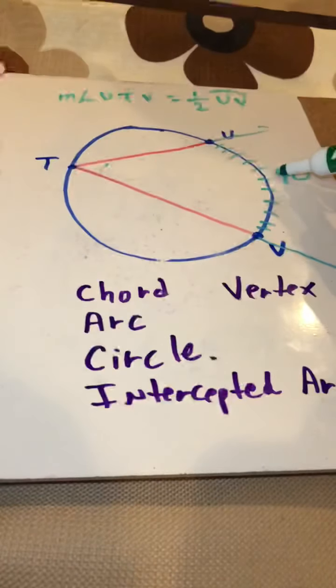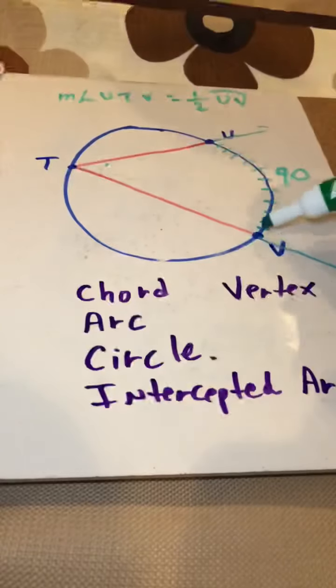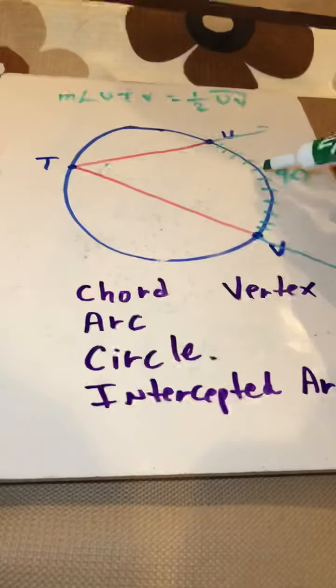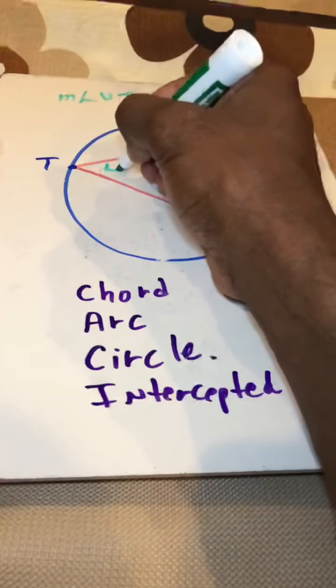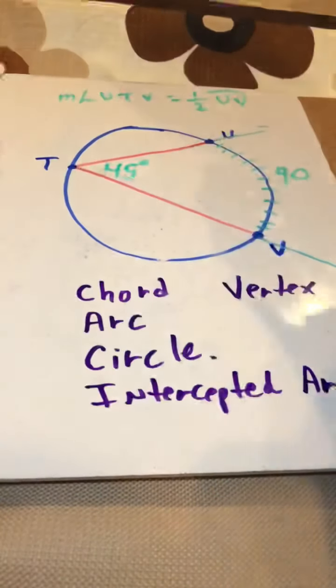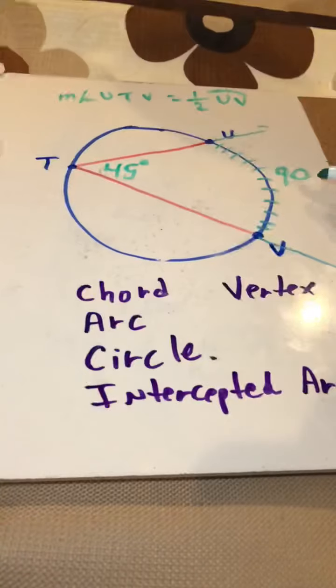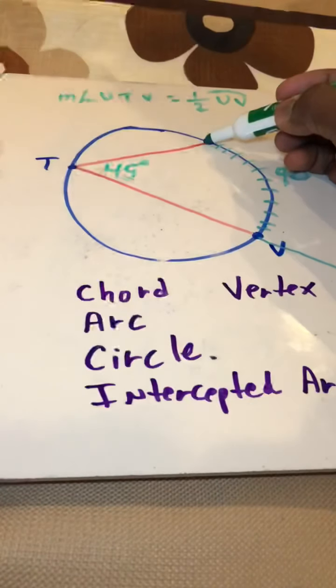But if you look at this number 90, that represents the measure of this arc, okay? Just 90. So that means that the measure of this angle will be 45. In essence, that's what you're using this rule for when you're given angles, okay?